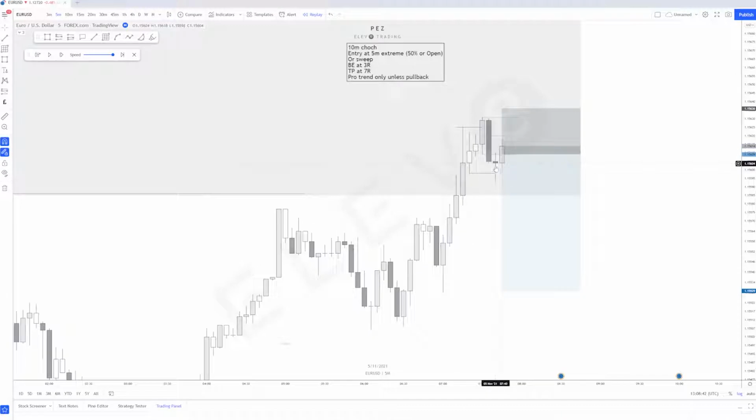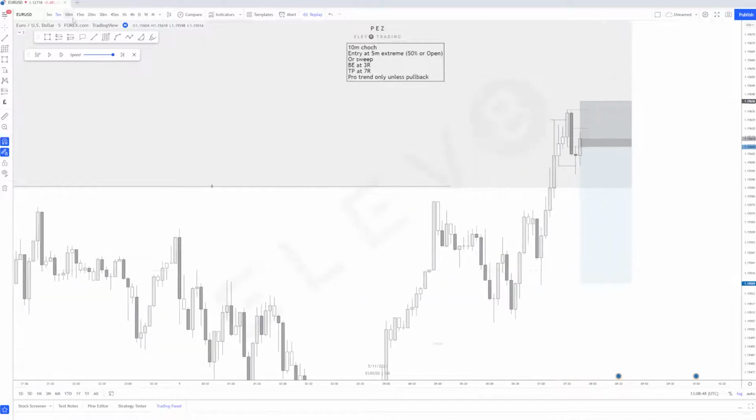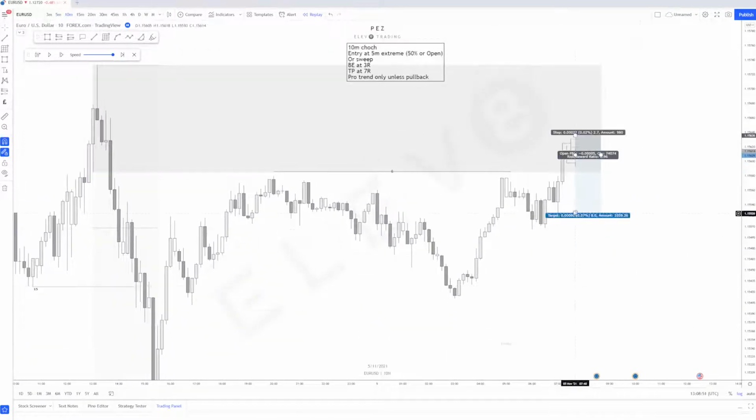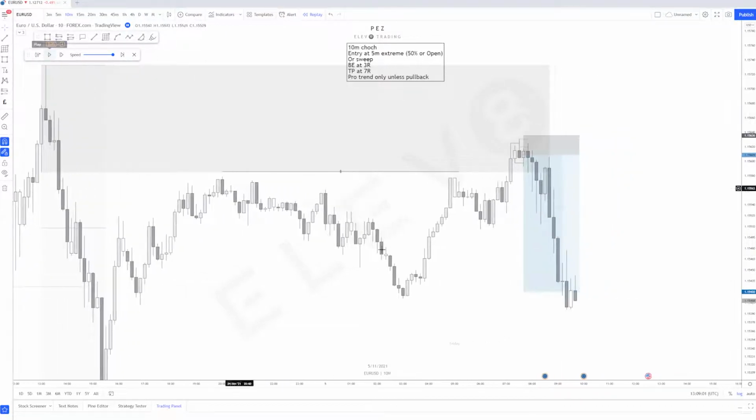And you can see straight away, as soon as this low breaks, we would put our order here and then get tagged in. So TP would now be at 7R. So TP is here. And boom, run straight to TP.